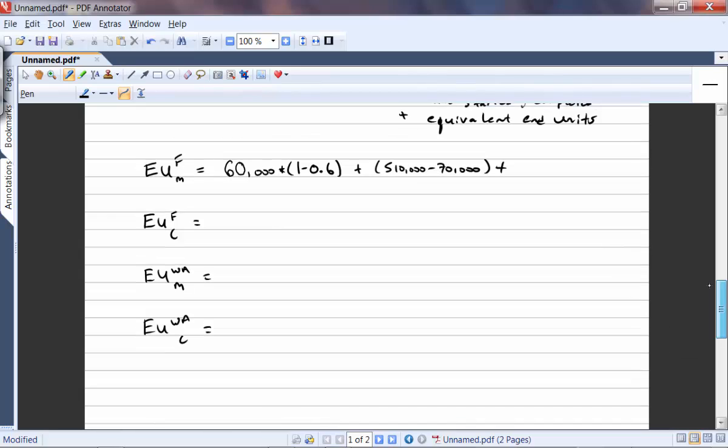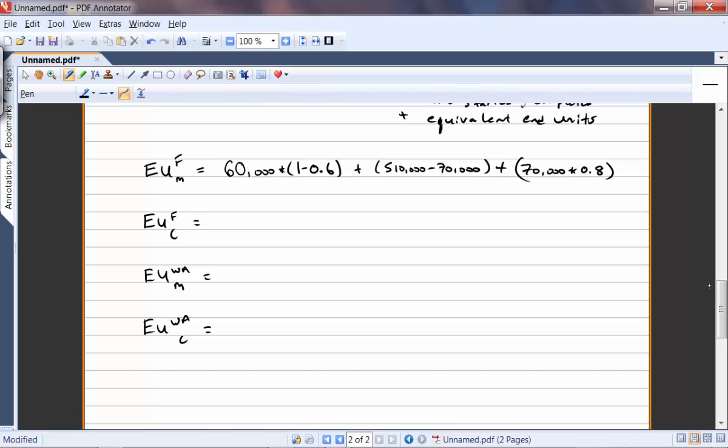So that's equivalent to 70,000 units, each 80% done, is equivalent to this many units, each 100% done: 56,000 units. So this is 56,000. This is 440, and then this is 24,000.